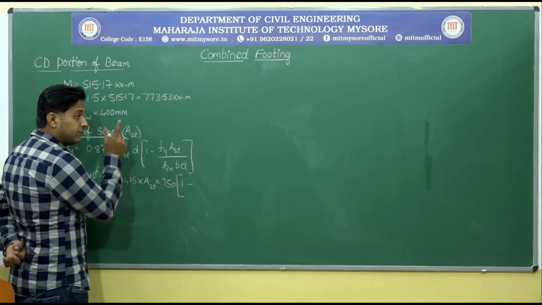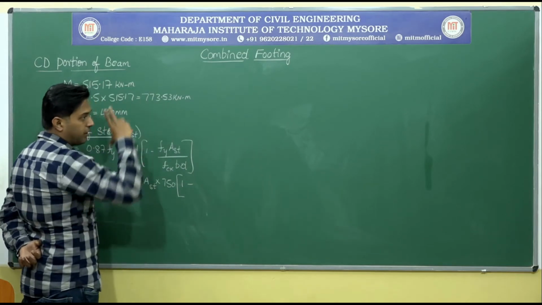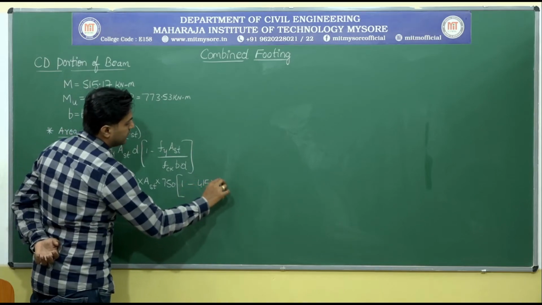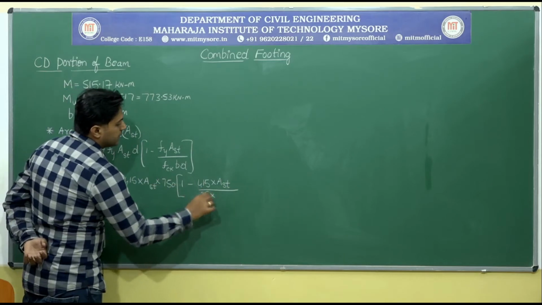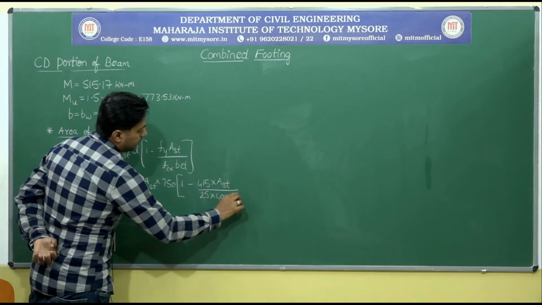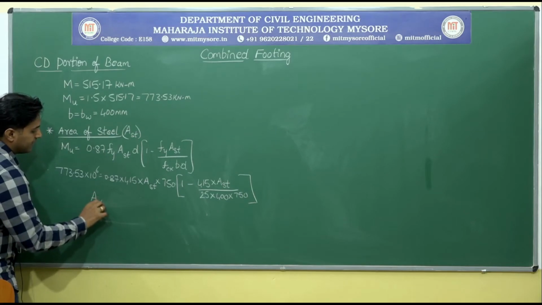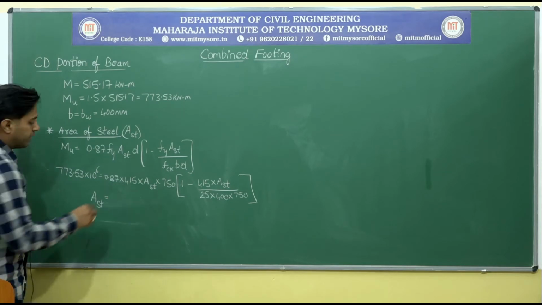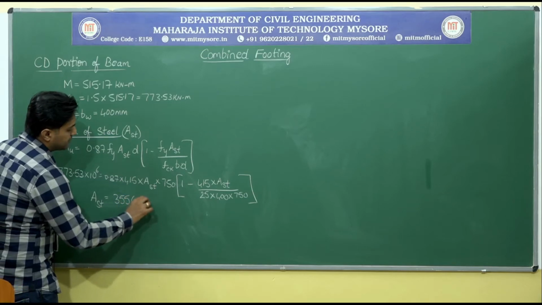Please remember, even though we are considering the end portion, it's the same beam, so effective depth will be 750. After solving this using the calculator, the value that we get is 3556.38 mm square.